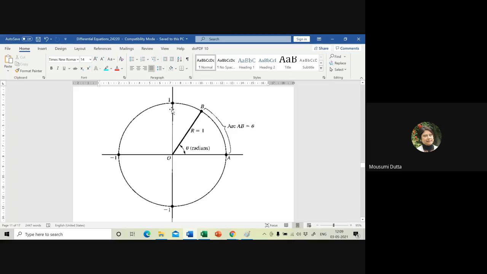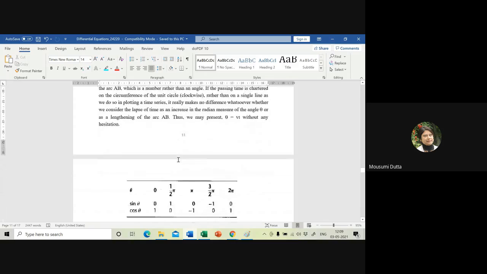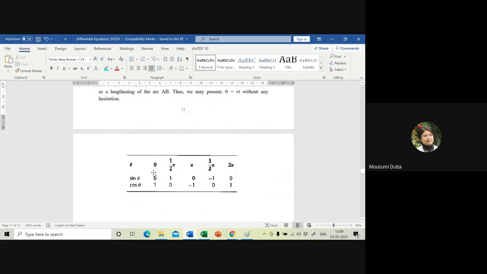If this is the starting point and OB merges with this vertical length, the angle is equal to 0. So we are starting with 0, then pi by 2, pi, 3 by 2 pi, 2 pi, etc. These are the different angles in context of a circle.